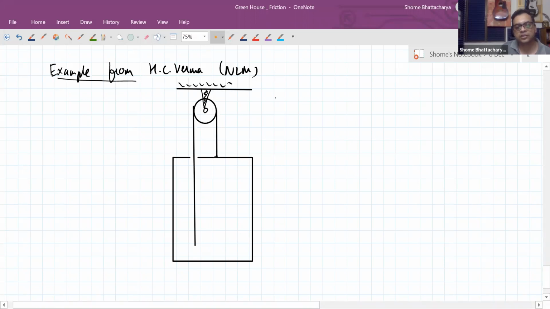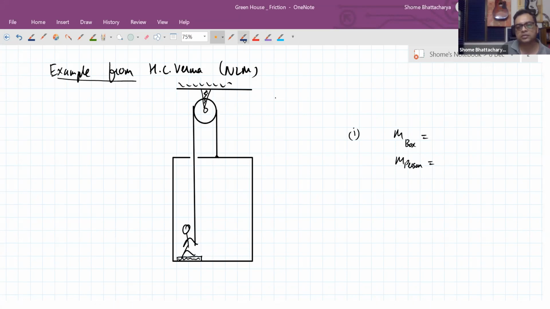This is fastened here, whereas through this hole, a person inside is holding the rope. So the first part of the question is that the mass of the box is given to us, the mass of the person is given to us, and he's also standing on a weighing machine.